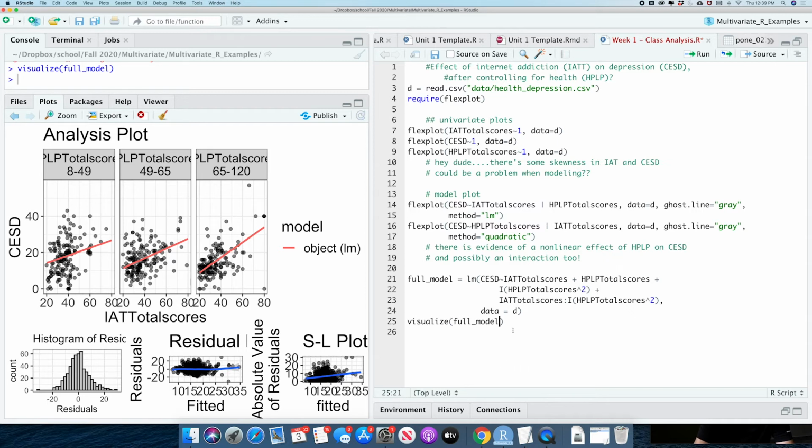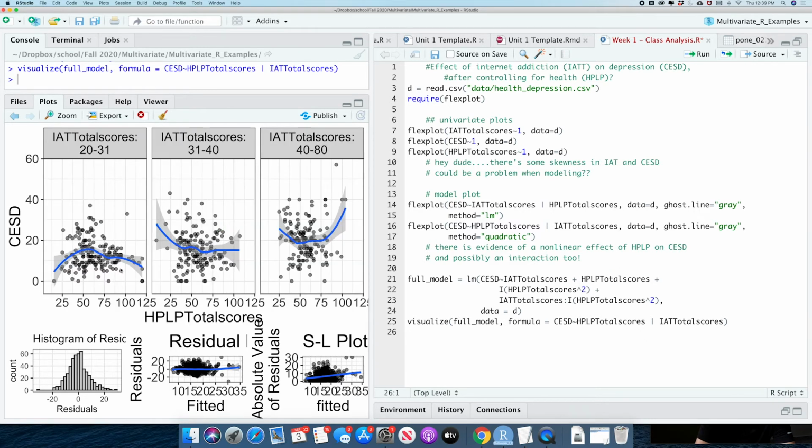And fortunately, we can actually tell R to do that. So we're going to go formula is equal to, and then we're just going to copy and paste this formula. So you can supply it a FlexPlot formula. So rather than letting it choose for you, you are telling it exactly how you want the formula to go and exactly what variables on the x-axis.